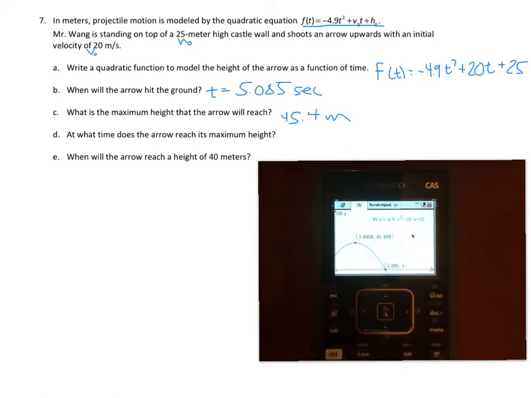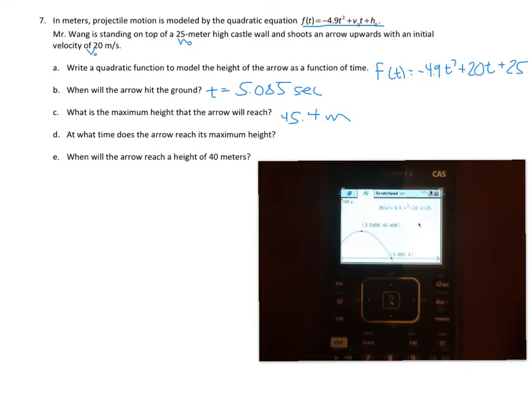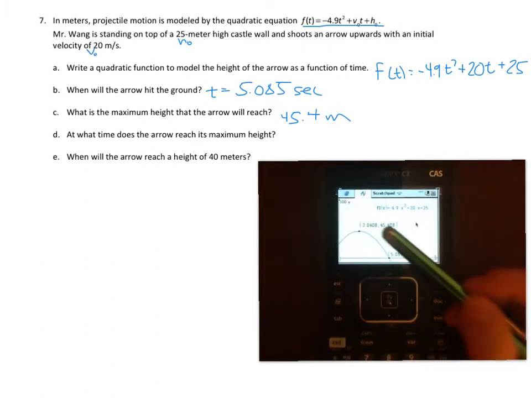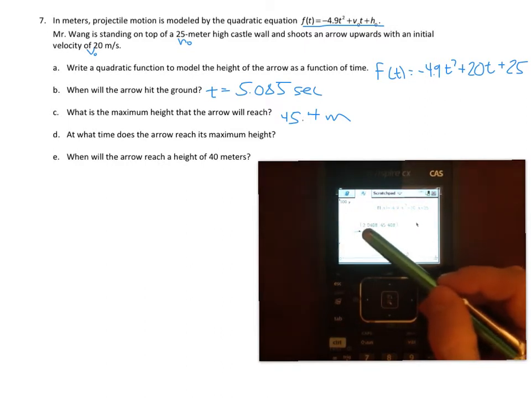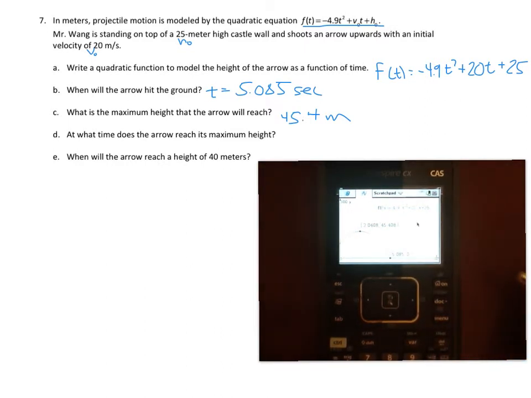And at what time does the arrow reach its maximum height? Well, that would be the independent variable, or the x value, about 2 seconds, 2.04 seconds.